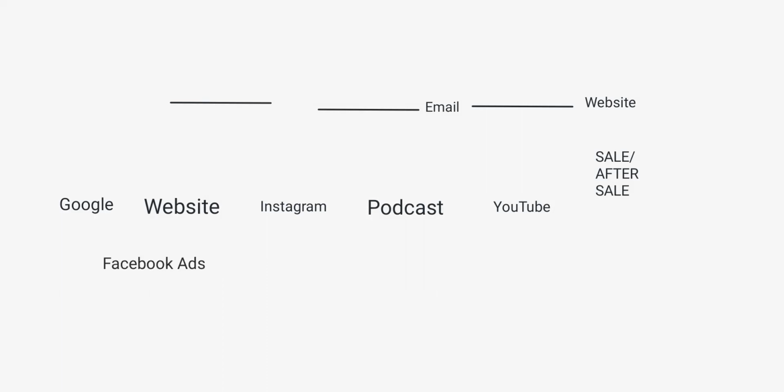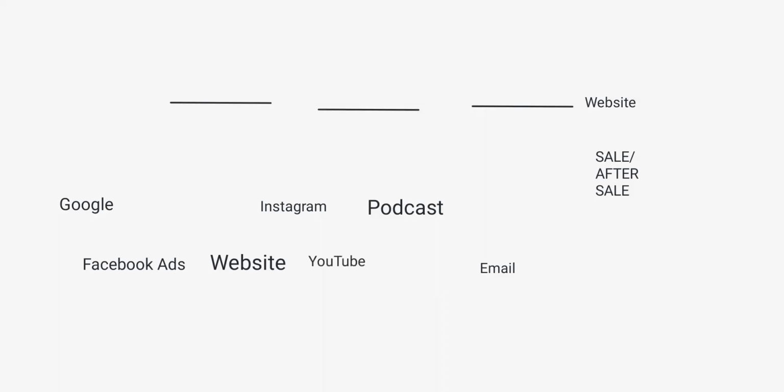So if you start thinking like this, you're going to start getting a better understanding of the steps that people do take. So rather than seeing Facebook ads directly to email, for instance, there's probably 2 or 3 steps that people are going to take between Facebook ads and email. They're probably going to go from a Facebook ad, let's say, to a website. Then they're going to see your YouTube channel, for instance, just another example. Maybe they really like your YouTube channel. So what they're going to then do is go back to Instagram.